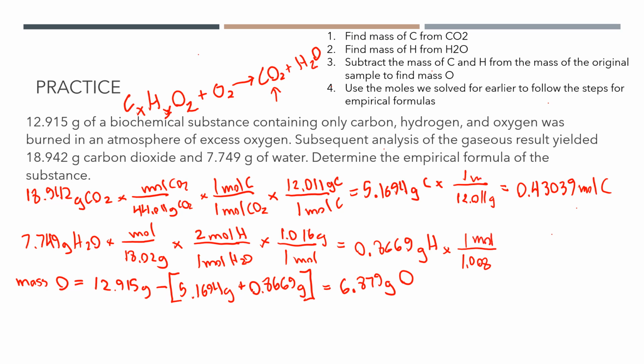That gets us 0.8600 mole of hydrogen. And then we divide the oxygen mass by the molar mass of oxygen, 15.999 grams.